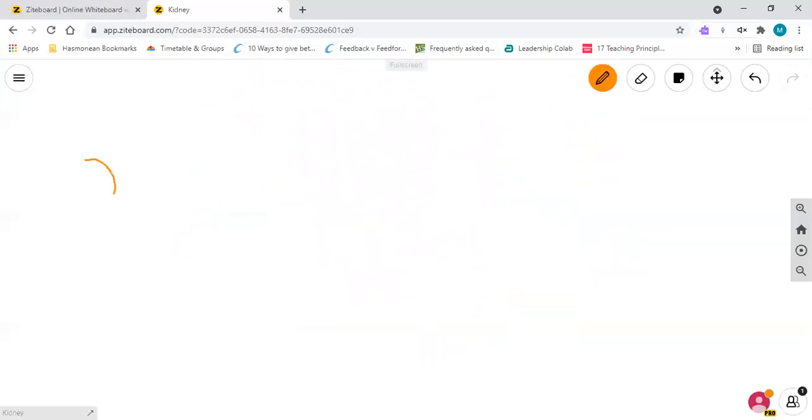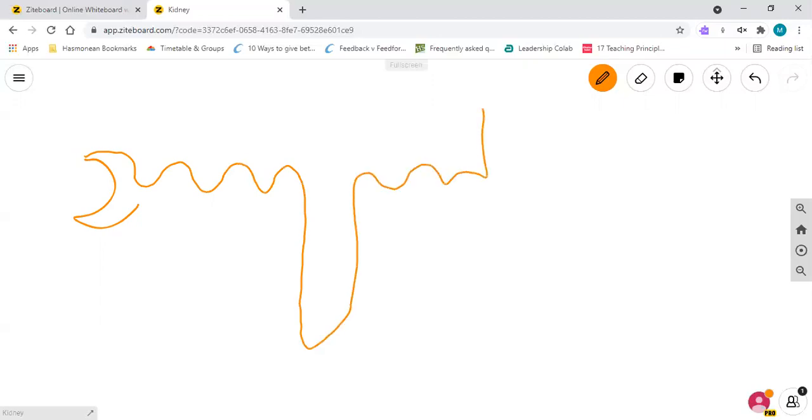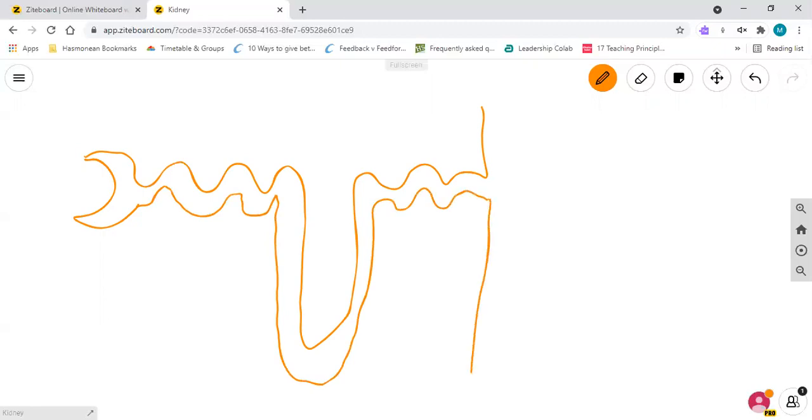So a nephron, starting at one end, we will only deal with one nephron. It looks like this. Like so.